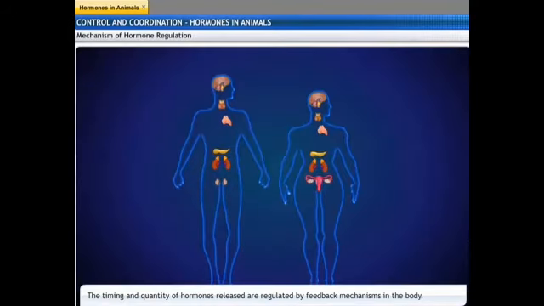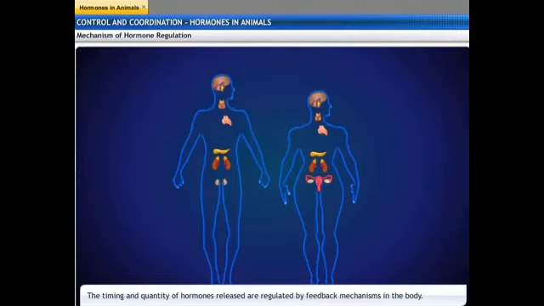Moreover, the timing and the quantity of the hormones that are released are regulated by feedback mechanisms in the body. Feedback mechanisms means the mechanisms that control the release of certain hormones. If the hormones are released in proper amount, then when to stop the release of the hormones is basically controlled by the feedback mechanisms. So let us observe it in much detail.